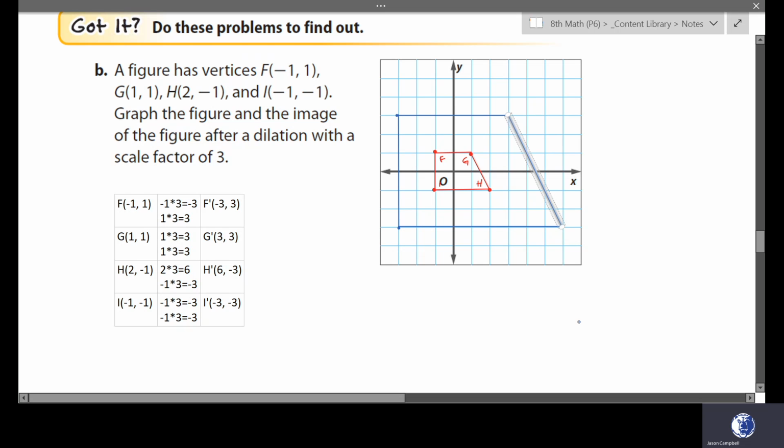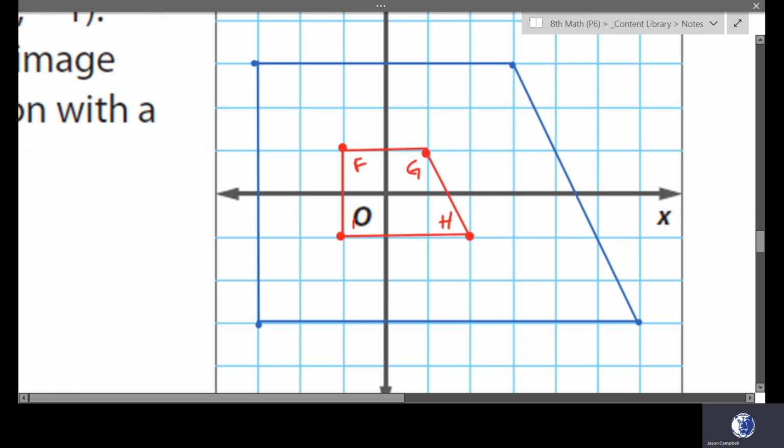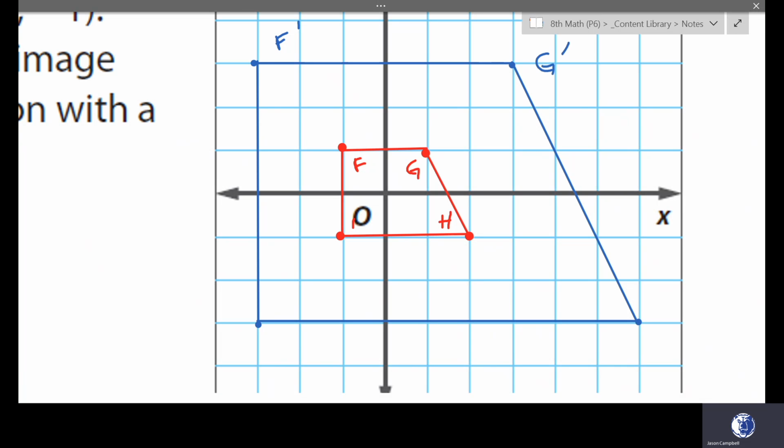So here's our image. We can label these points as F prime, G prime, H prime, and I prime.